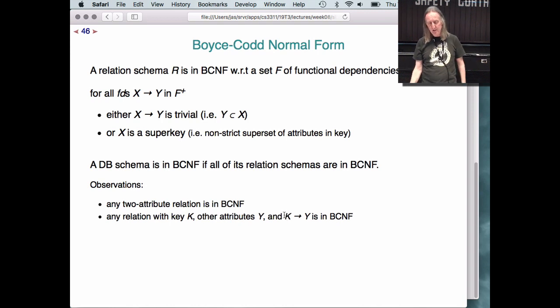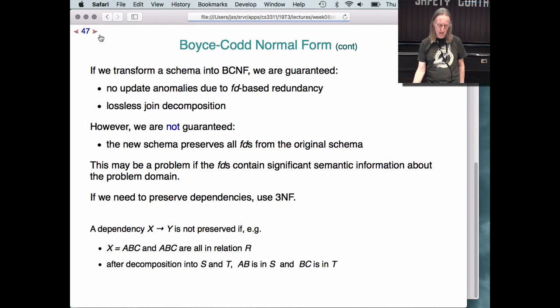So let's imagine the key is AB and the other attributes are C and D. We could have a single functional dependency that says AB determines CD, or we could have AB determines C, AB determines D. Either way, in both of those functional dependencies, the thing on the left-hand side is the key for that table.